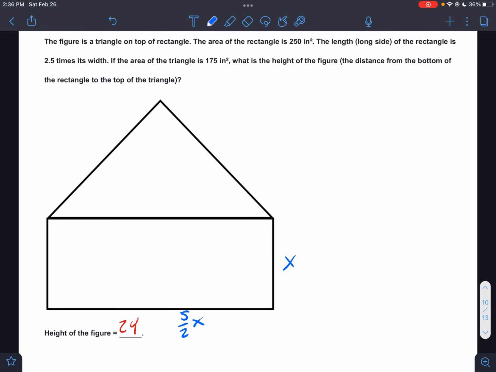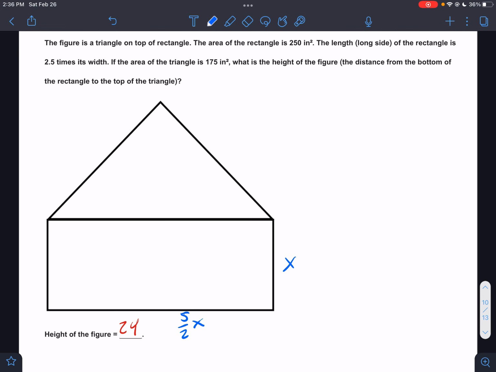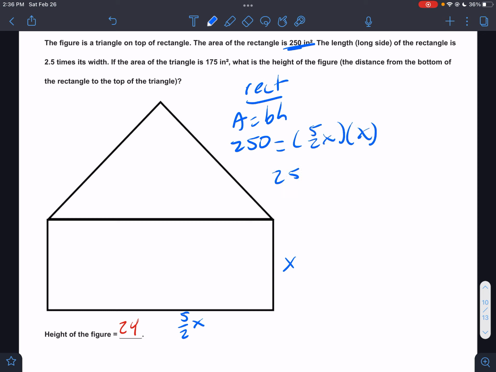All right, so we know that the length of the rectangle is 2.5 times the width, and we know the area of the rectangle. So if I work on the rectangle, area equals base times height. They tell us the area is 250 equals the base 5 halves x times the height x. That would be 250 equals 5 halves x squared.